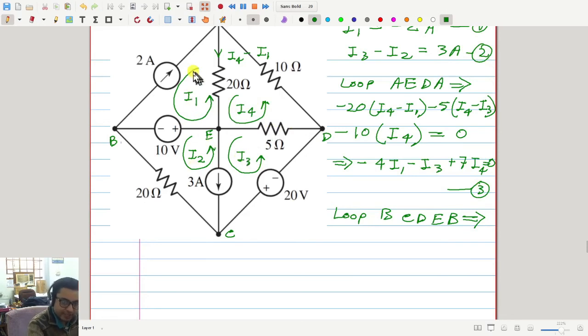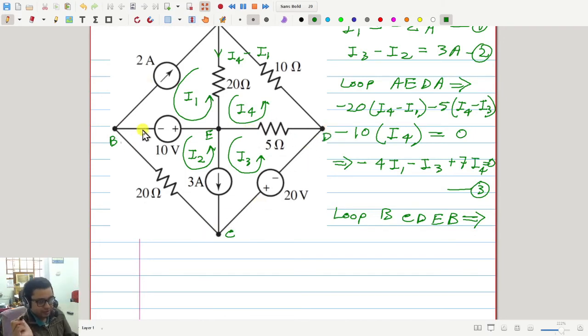Okay, but if I take any single triangle, like loop number 1 or loop number 2 or loop number 3, then in all these triangles you will get some current source involved, and we do not know the voltage across any current source, so we cannot write KVL equations. So there is no way other than choosing 2 loops at a time. So we have taken 2 loops together.